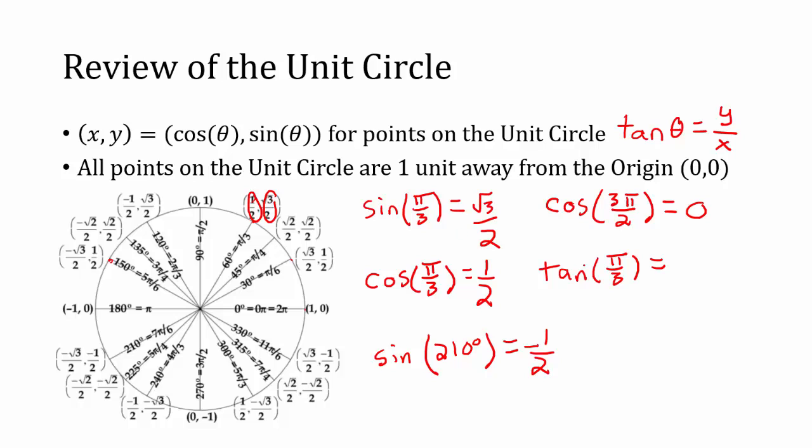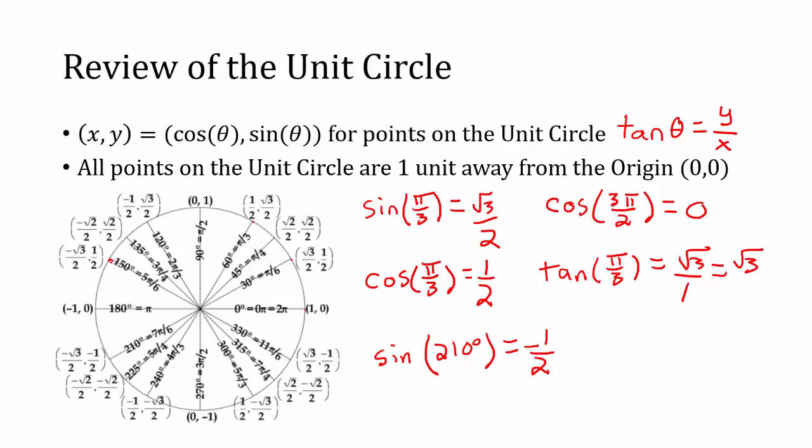So I would get root 3 over 1, which is root 3. So finding the tangent of an angle using the unit circle, assuming it's a nice special angle, is just as easy as finding the sine or the cosine.